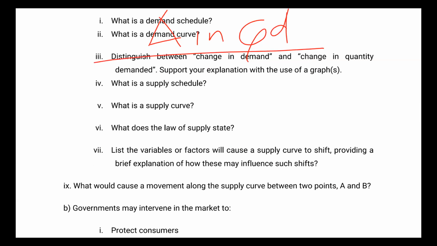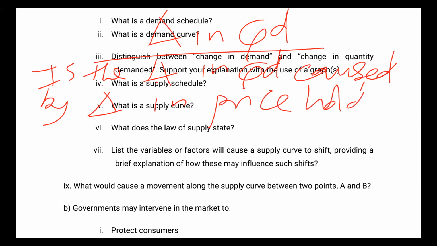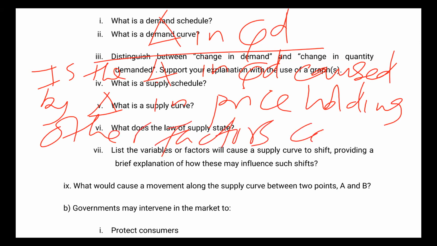The change in quantity demanded is the change in quantity demanded caused by a change in price, keeping other factors constant.